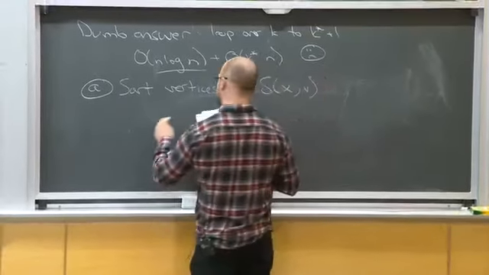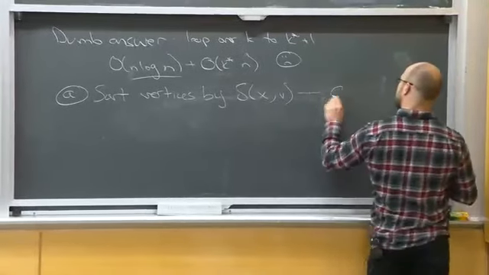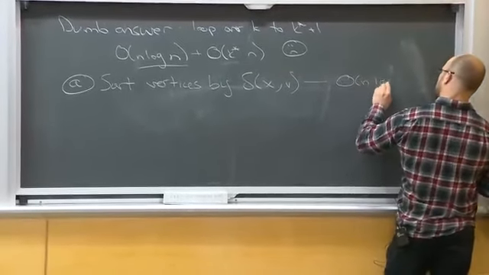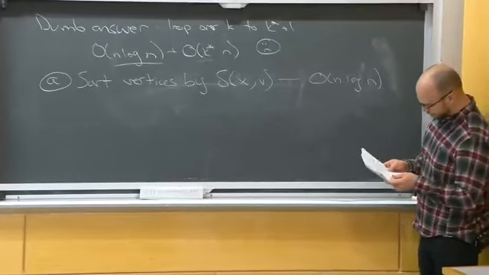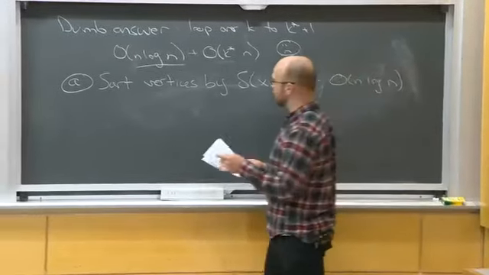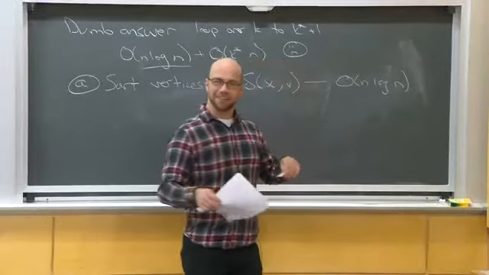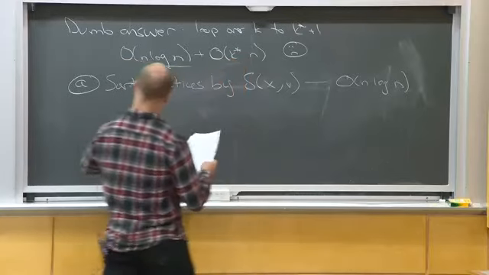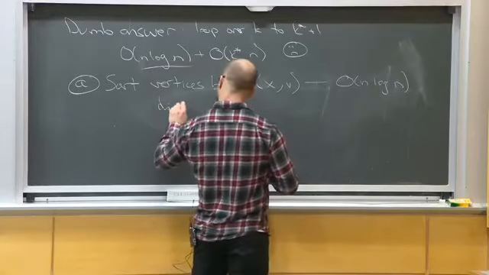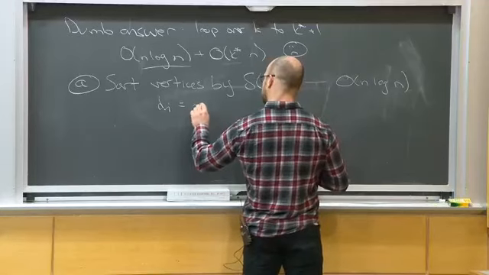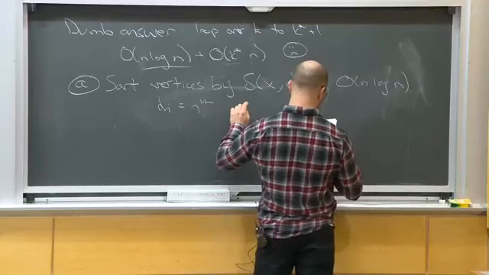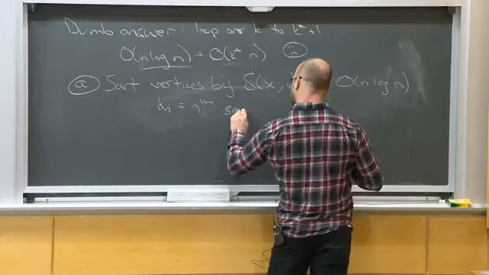Okay, and of course, why can we do that? Because sorting, which I think all computer science students everywhere know, takes n log n time, using whatever my favorite sorting algorithm is. Okay, and we're going to take d_i to be the distance, the ith largest, actually I think in my notes I got this wrong, the ith smallest.